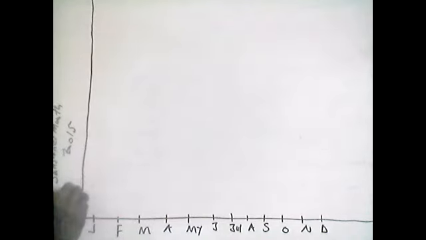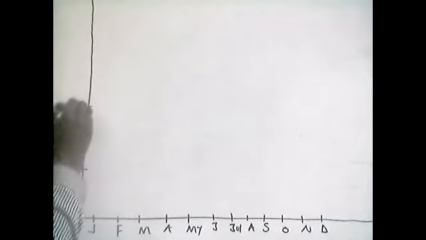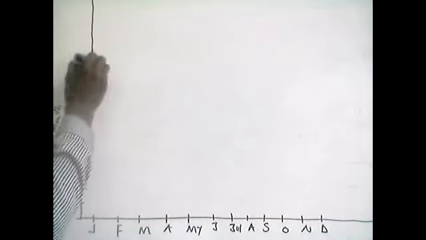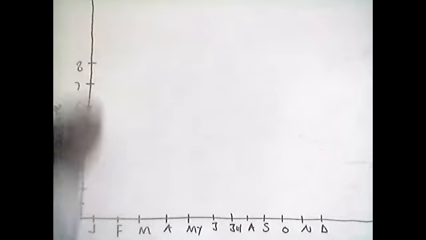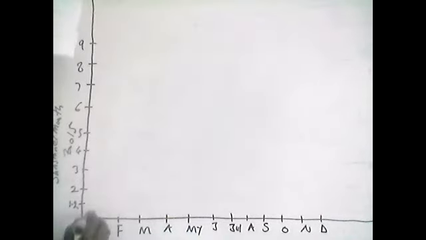And then I can just say 2, 3, 4, 5, 6, 7, 8, 9. So January was 1.2. So that's the point. Remember, it's a month against the sunshine figures.